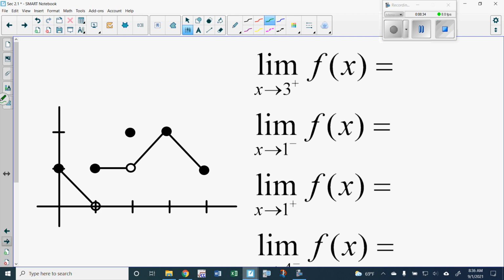So as we approach 3 from the right, our limit is 2. That's the same thing we had at 3. So what is our limit of f of x at 1 from the left? So as you approach 1 from the left, it goes to 0.